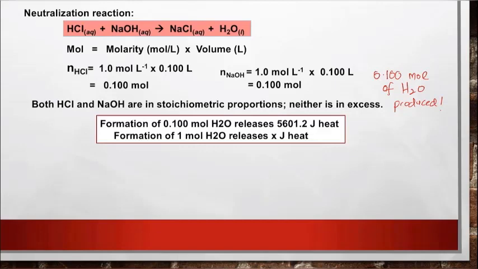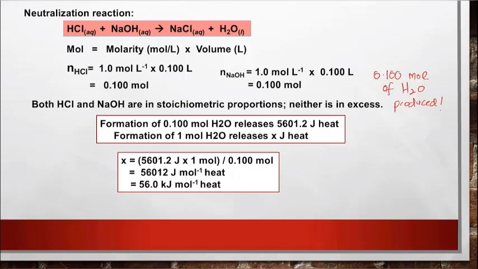Hence, we can conclude that formation of 0.100 mole water releases 5601.2 joule heat. And what about the formation of 1 mole of water? Just do cross multiplication and you should get the value of heat released for formation of 1 mole of water is 56012 joule per mole.